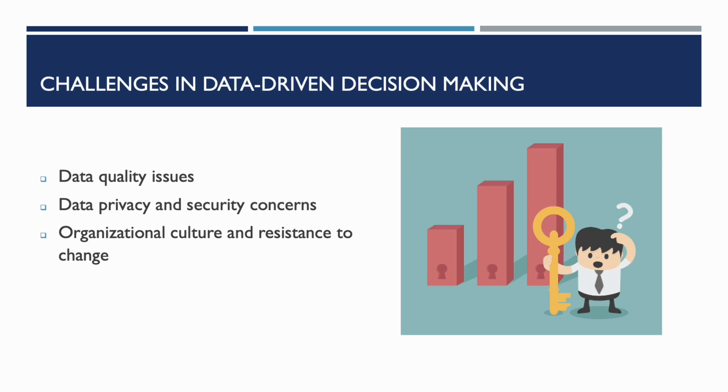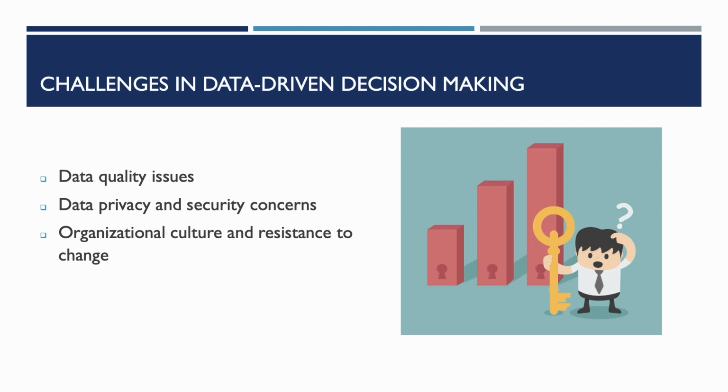Organizations must invest in robust data governance practices, including data validation, cleansing, and regular updates to maintain high quality data. So data privacy and security concerns is also an important issue, as organizations collect and analyze more data, particularly personal and sensitive information, they must navigate the complex landscape of privacy and security.